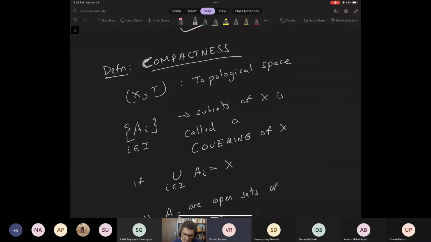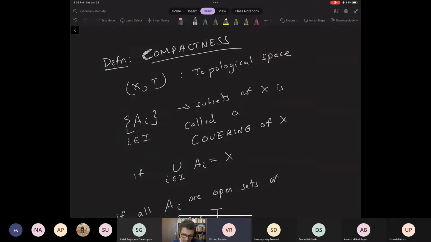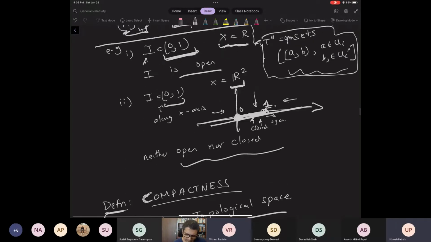Another thing that we can define is this notion of compactness of a topological space. So suppose (X, T) is some topological space, and you have a number of sets A_i, which are subsets of X. Yeah, sorry, there's a question, Utkarsh. Yeah, I just wanted to check, like for R square, the open set will be just a product, right?